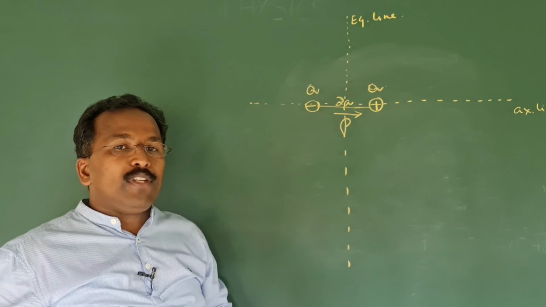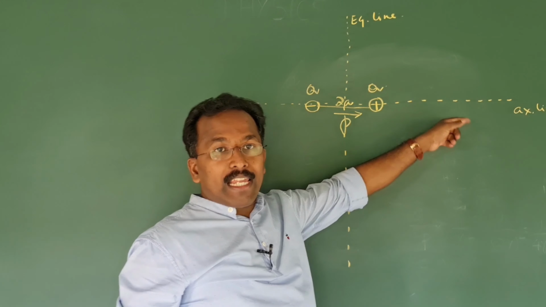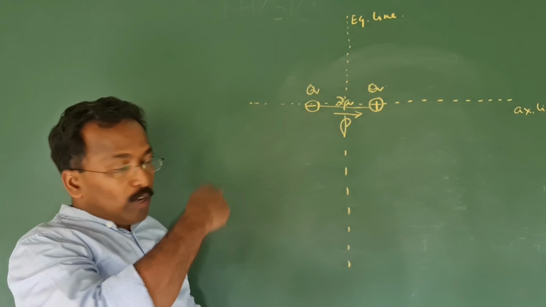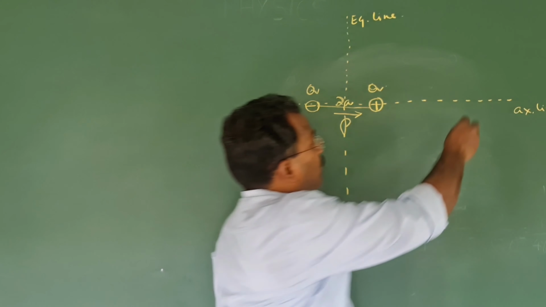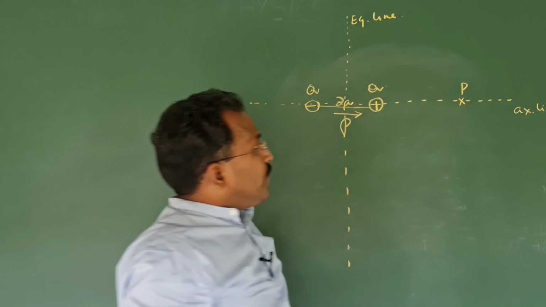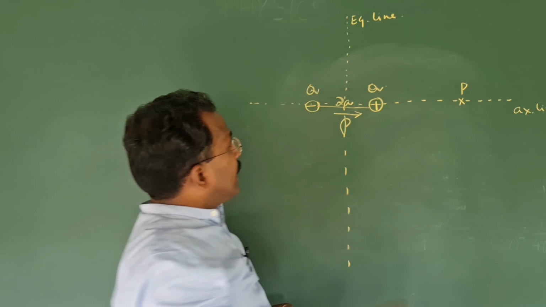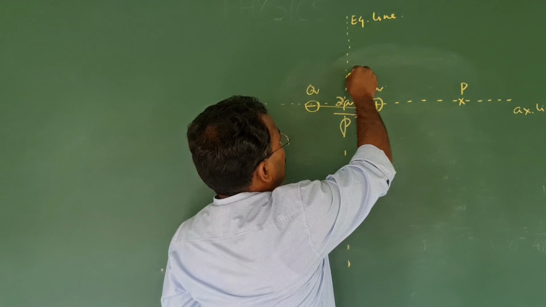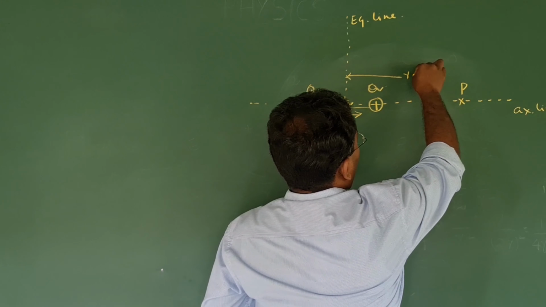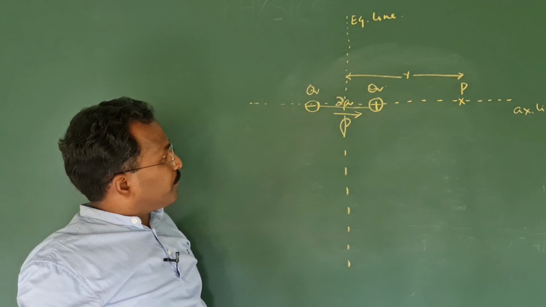So first we will calculate the electric field on an axial line. You may copy this into your notebook and mark a point P here. We want to calculate the electric field at that point, which is at a distance r from the center of the dipole.